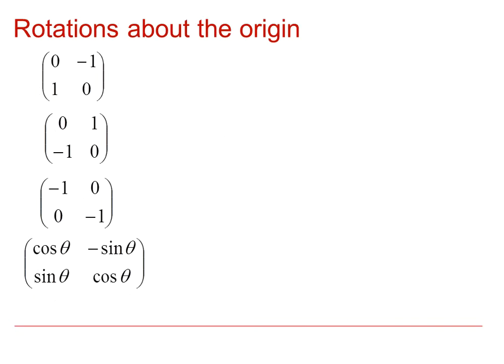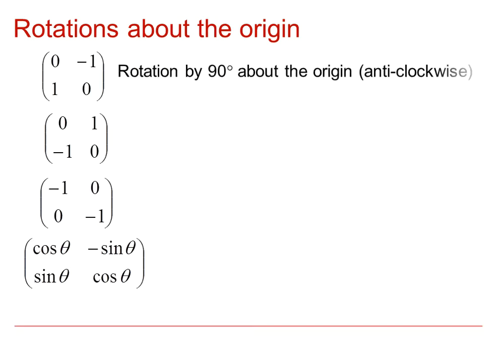Likewise with the rotation matrices, you could pause the recording and see if you can identify the following matrices using the left hand rule. So the first matrix represents a rotation of 90 degrees about the origin, anti-clockwise.